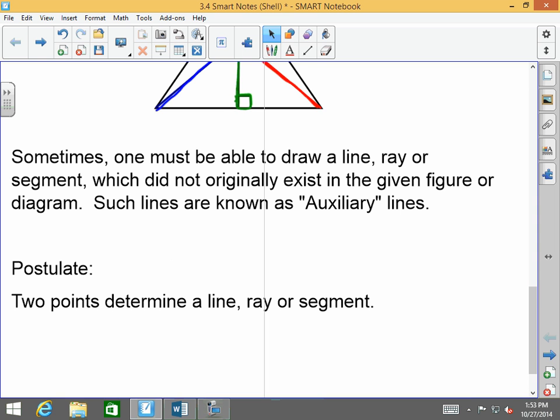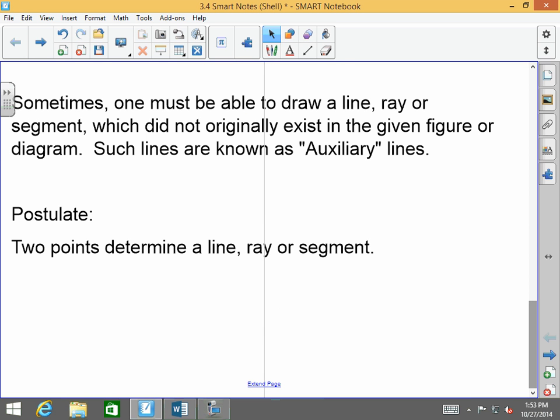The postulate: two points determine a line, ray, or segment. As long as you have two points, you can draw a line, a ray, or a segment. Very, very simple.